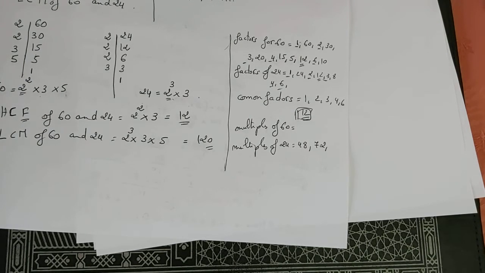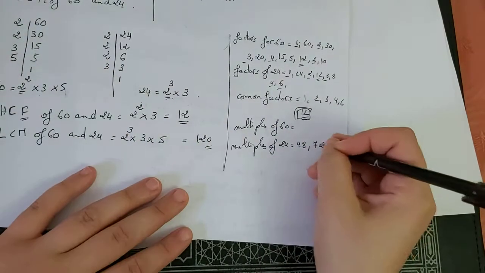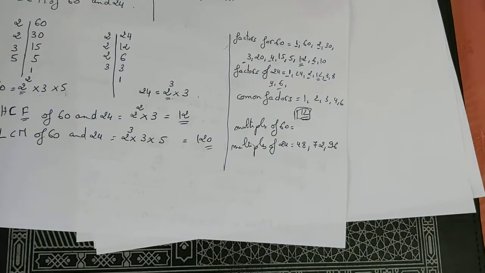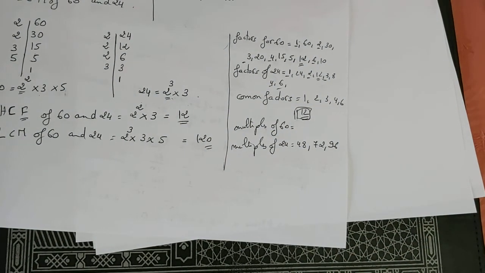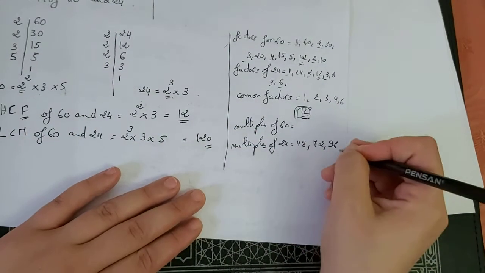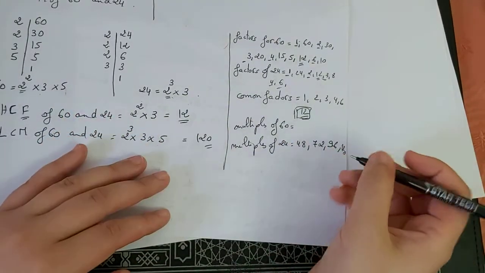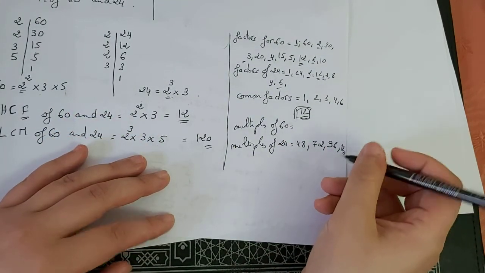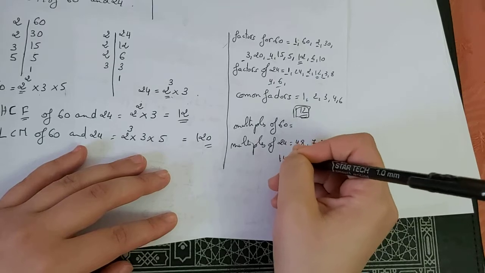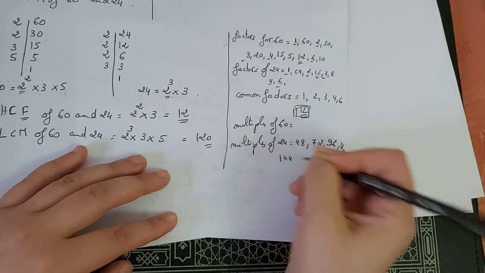24 times 4. Yeah, it's 96. And then if I do 24 times 5, I will get 120. Well, you can keep going, but if I add another 24, it will be 144, like that.